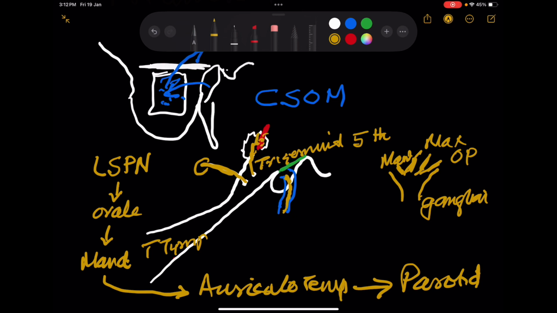So with the sympathetic plexus, the greater superficial petrosal nerve, now this is the greater superficial petrosal nerve with the sympathetic fibers from around the internal carotid artery, becomes the deep petrosal nerve. It passes through the bony canal.